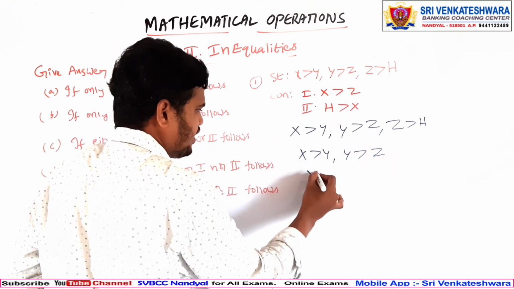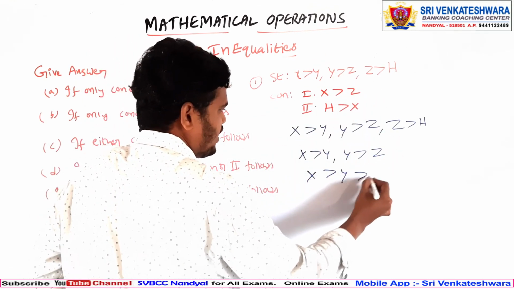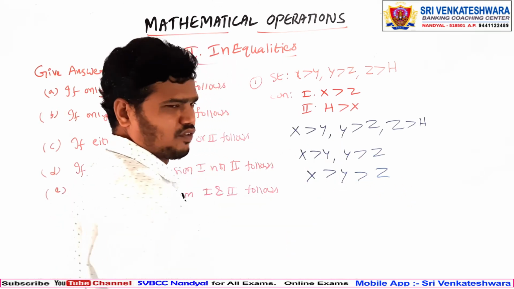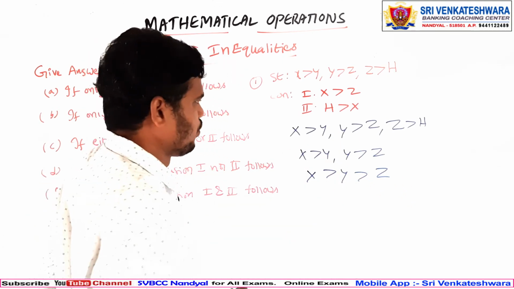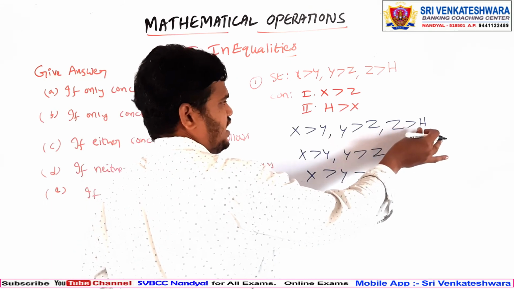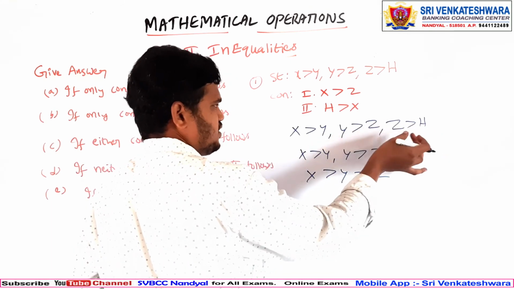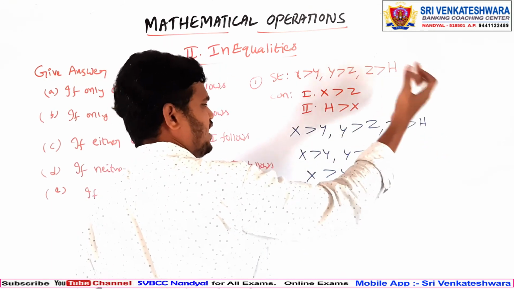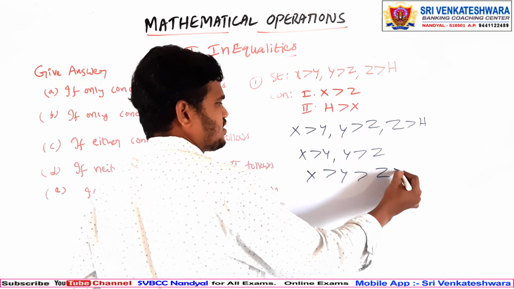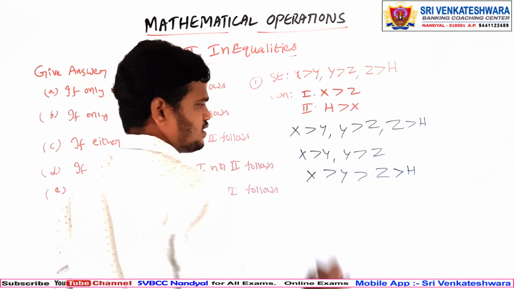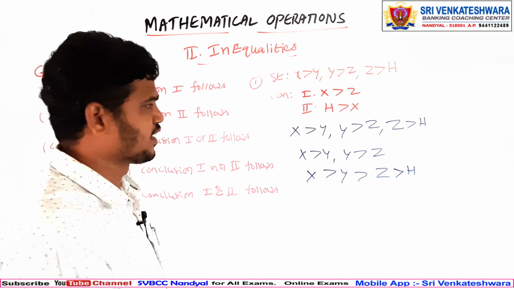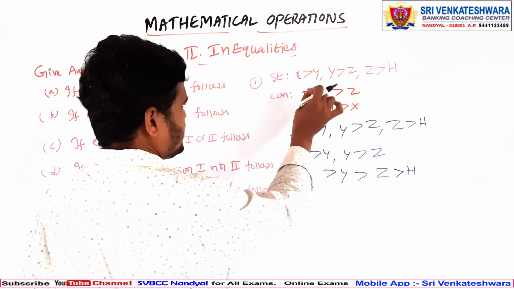Now z is greater than h, so y is greater than z, and z is greater than h. Okay, now this is the conclusion.